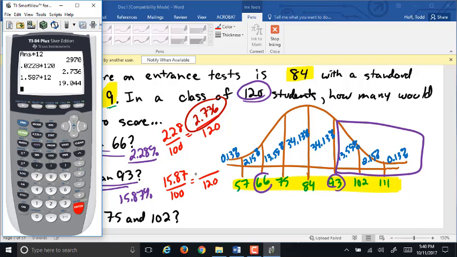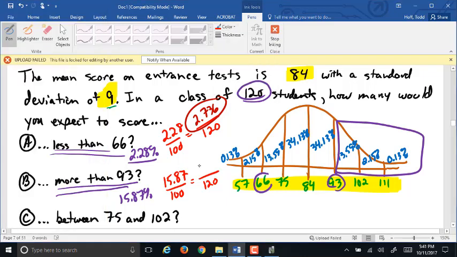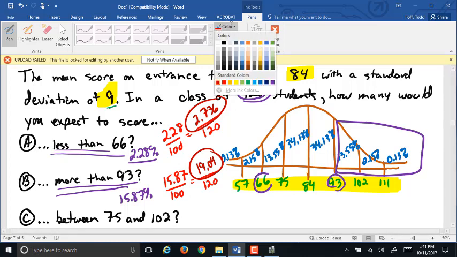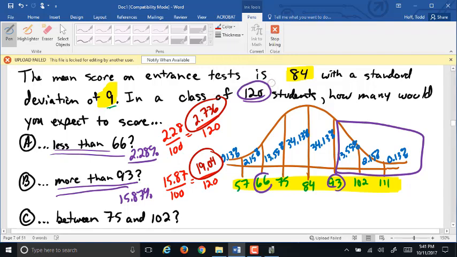So I get 19.04. So again, probably round that to 19 students. I left the 0 off the 120. I cheated. Saves me some calculator strokes.